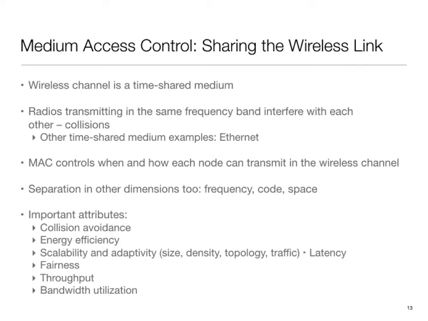I have a shared resource. Instead of a CPU, it's the wireless link. I'm basically trying to decide who gets to run on it, except that running here comes in two shades. There is transmit and there is receive, but other than that, it's the same thing. Same kind of issues: deadlines, periodic traffic, aperiodic traffic.